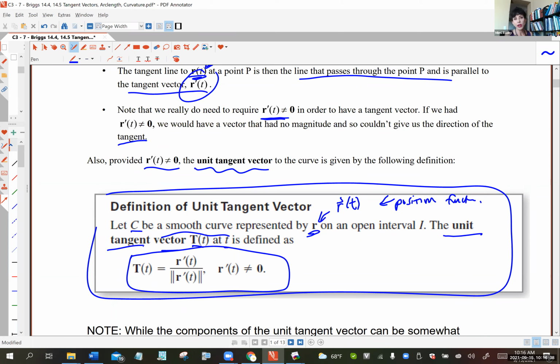It's just the unitized derivative. You find r prime, and you all know how to do that because that's a previous section. Then you unitize it. How? You divide by its magnitude. Voila. That's why they call it the unit tangent vector.